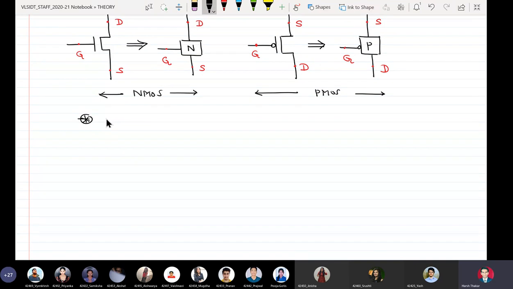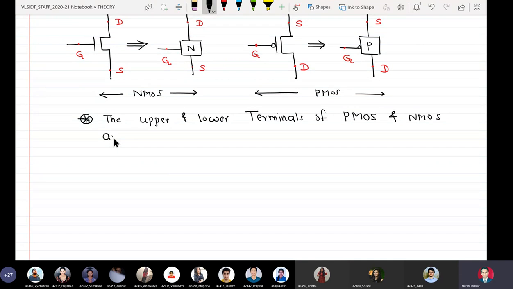So I will write down that the upper and lower terminals of PMOS and NMOS are source, drain and drain, source respectively.